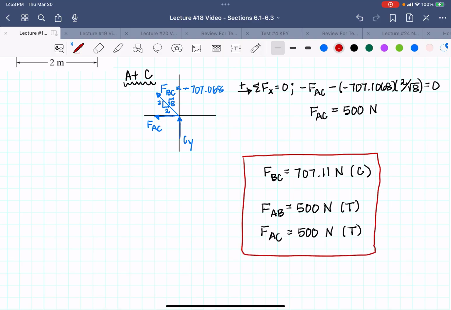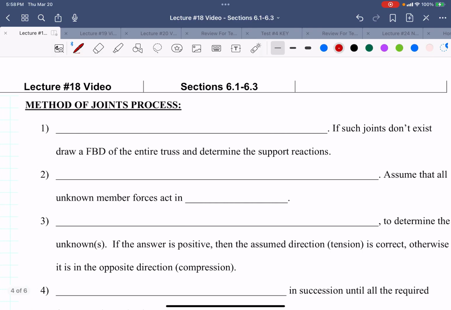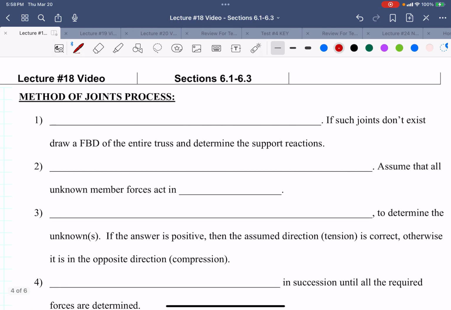All right, we've got a little bit more to talk about before we go on and do another problem. So let's talk a little bit more about the method of joints process. When we're looking at the method of joints process, we're going to start with the joints with one or two unknown forces.